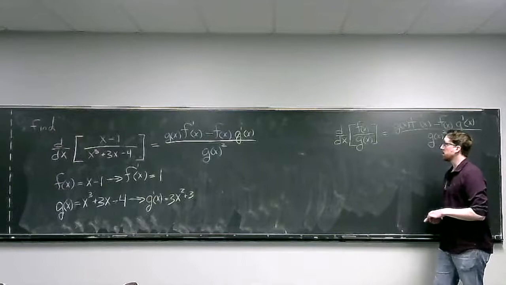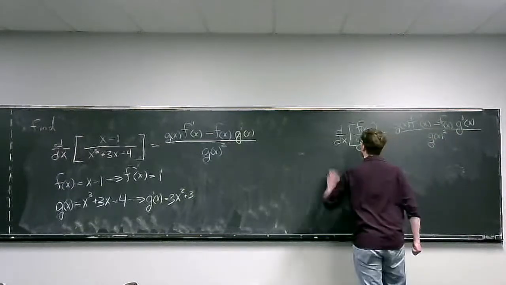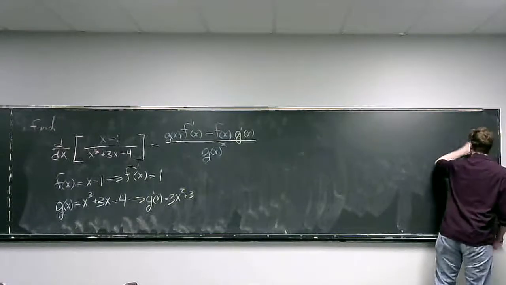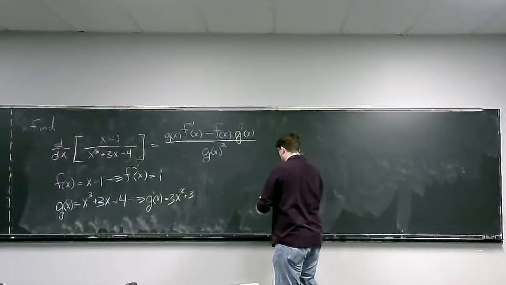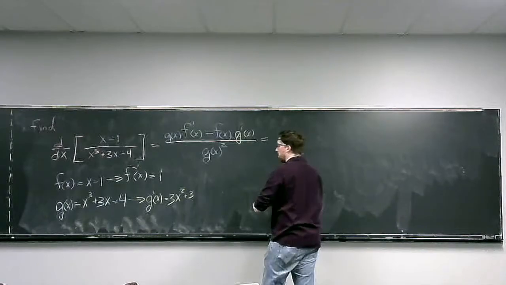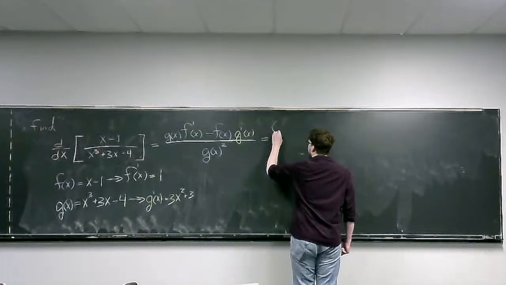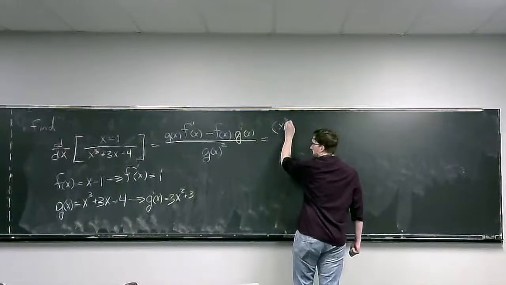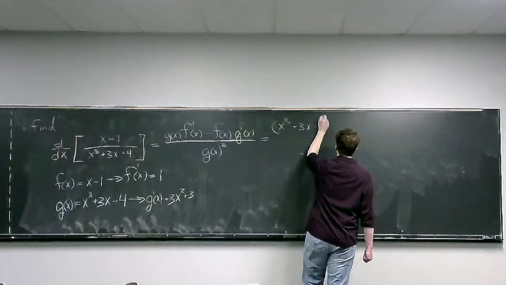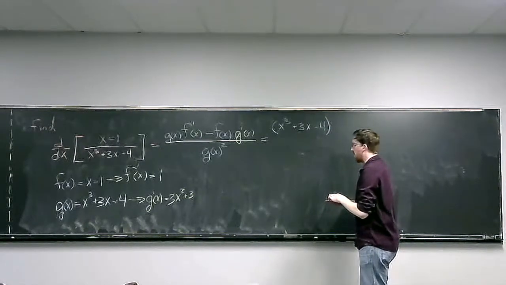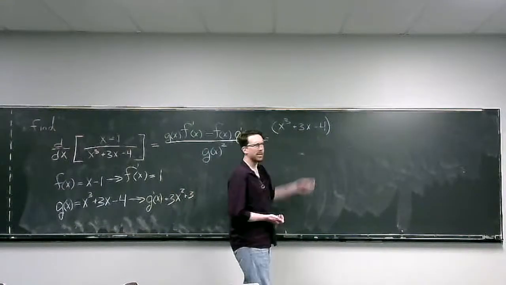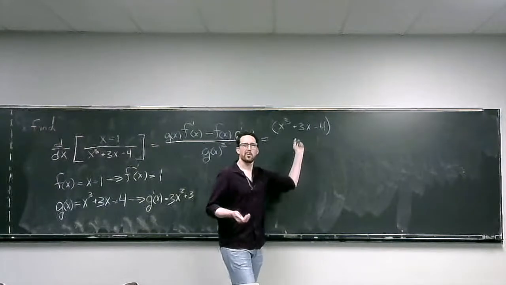Okay, so now we can put all of this back together. Starting off with g of x, that is x cubed plus 3x minus 4, times f prime of x. Well, f prime of x was just 1, so 1 times this does nothing, just leaves this. So why don't we just leave it as it is?